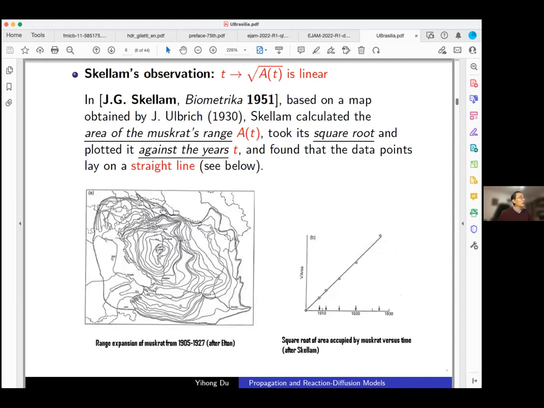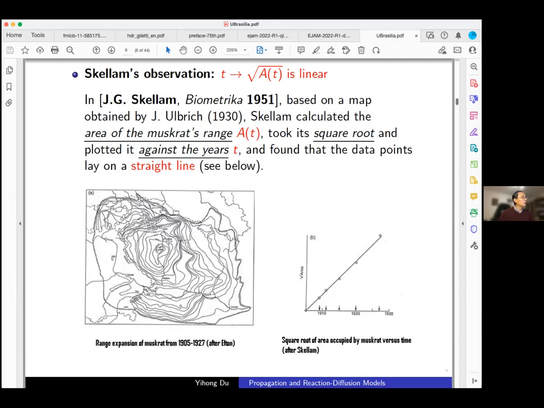But no one thought this would reveal some mathematical thing. You look at this map, it doesn't say anything mathematics. But Skellam did one thing, a very smart consideration. You look at this map, there are many closed curves here.